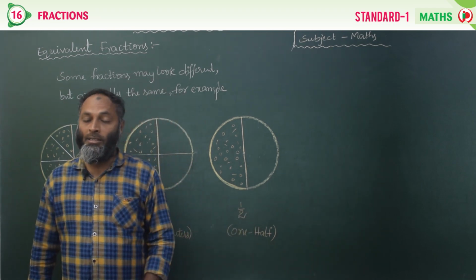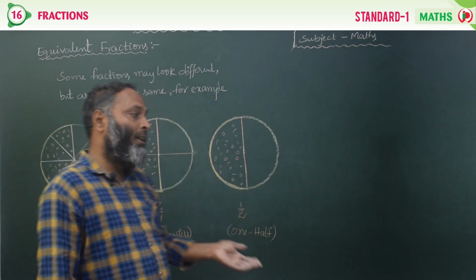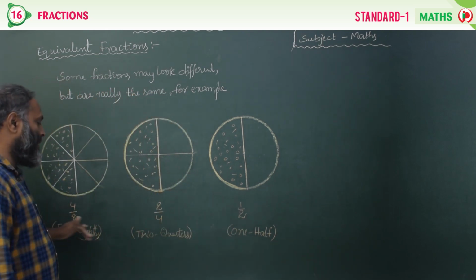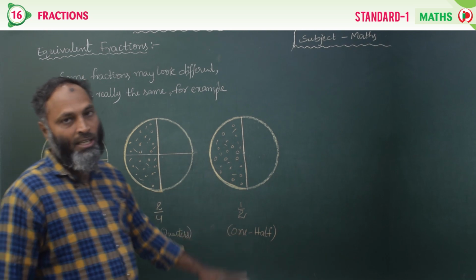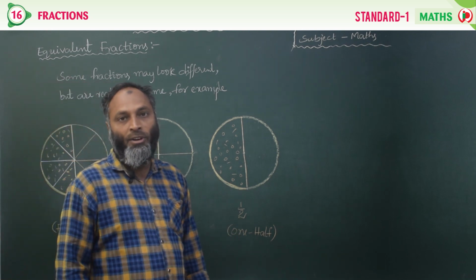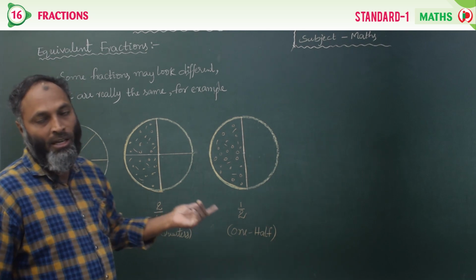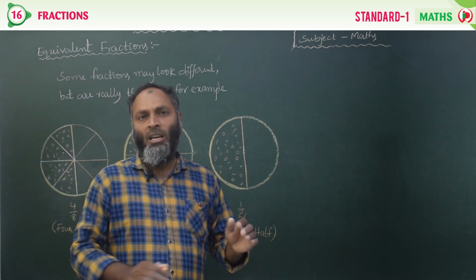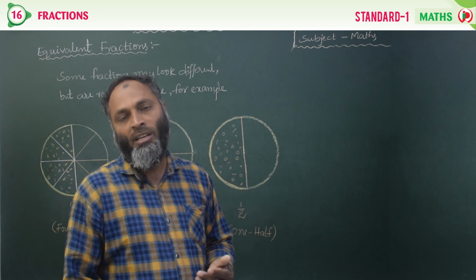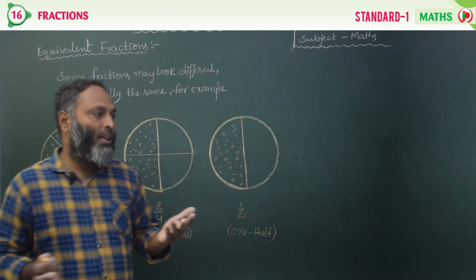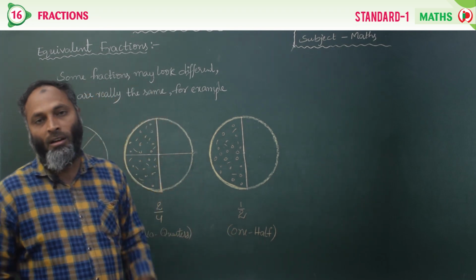Equivalent fractions. Why are they equivalent fractions? After simplifying these fractions, we get the same fraction. After cancelling numerator and denominator, you will get 1 by 2 only. So if fractions look different but finally they are the same, they are called equivalent fractions.